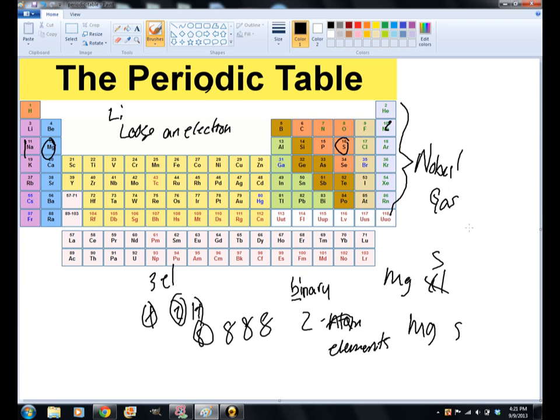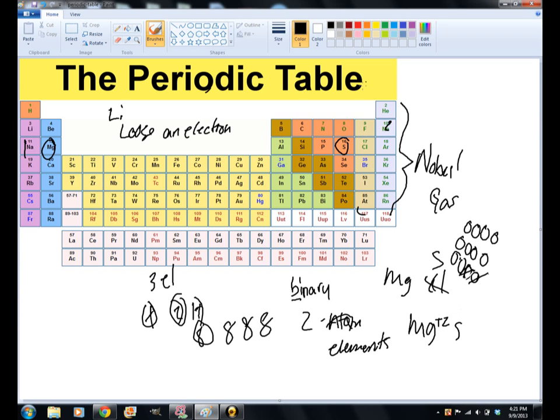So magnesium has 12 electrons. And it loses 2. Then it now has more protons, thus becomes positive.